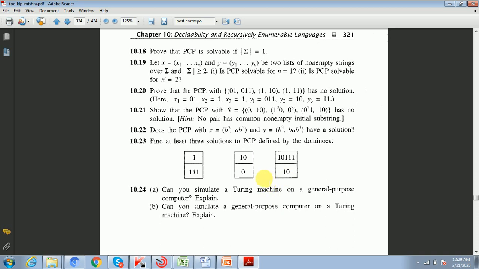So observe, if I want to start the solution with x1, obviously I should take the corresponding y1, but here no x2 or y2 has the consecutive first two ones, so we should not take this one. If I take x2, obviously we should take y2, but x2 starts with 1 and y2 starts with 0, so we should not take it. If I take x3, the corresponding y3 will be taken, but x3 is 1 0 triple 1 and y3 is only 1 0.